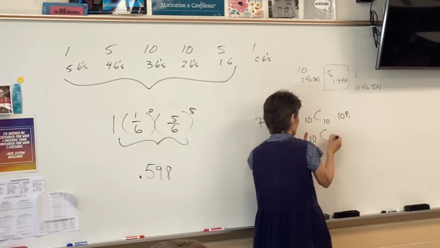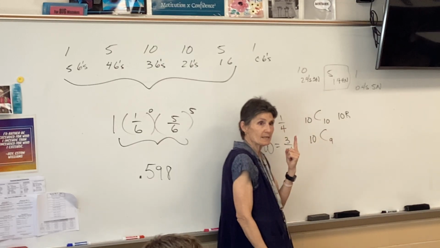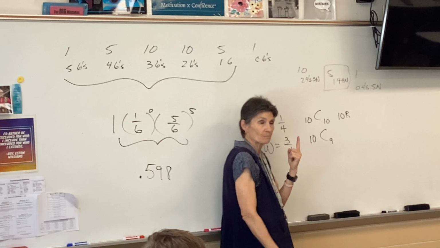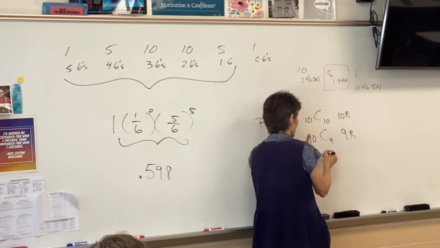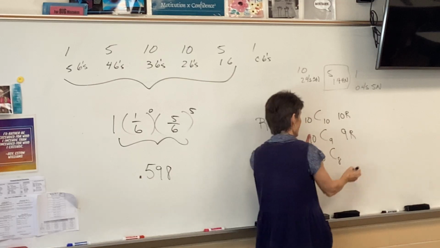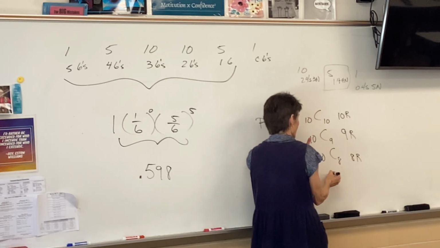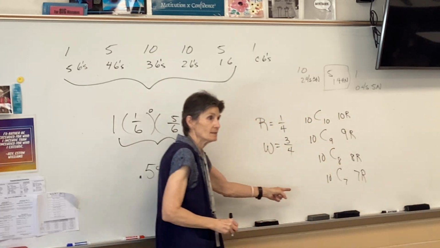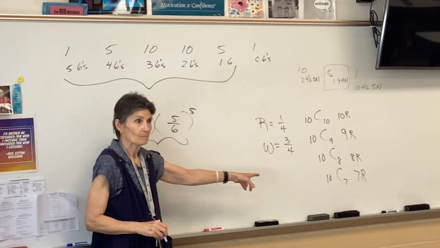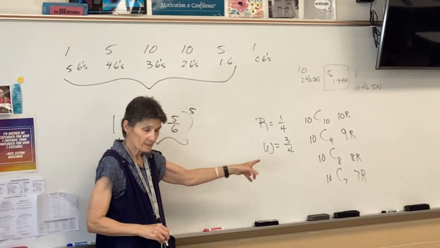The next number in the row would be 10C9, 10 questions, 9 of them right. Next number, 8 right. And here's the one I want, 10C7.